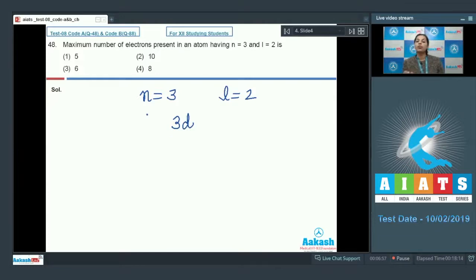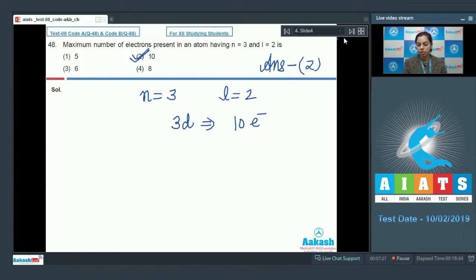In the d subshell there are 5 d orbitals, and in one orbital a maximum of 2 electrons can be accommodated. So the maximum number of electrons present would be 10. Why 10? Because 5 orbitals are there and a maximum of 2 electrons can be accommodated in one orbital. On that basis, option 2 is the correct answer.